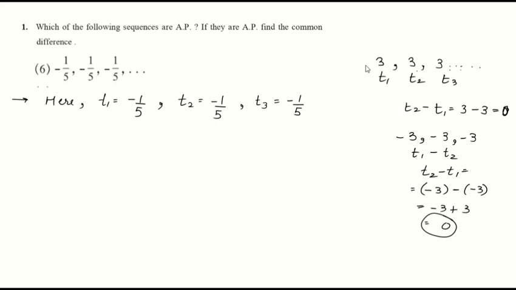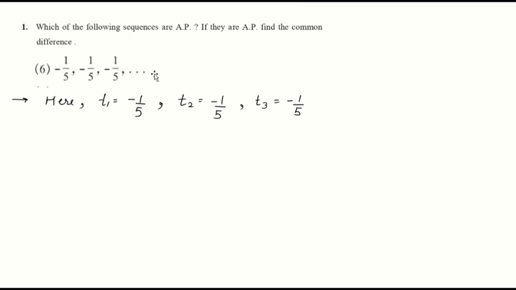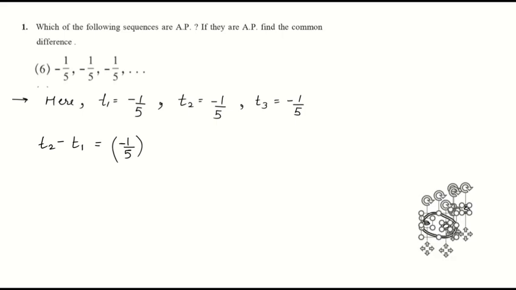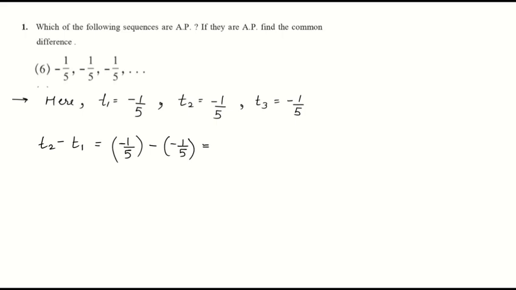So in the same way, in this question we have the same number in the given sequence, which is minus 1 upon 5, minus 1 upon 5 and minus 1 upon 5. If we need to find the difference, we can still go by solving in this way. T2 minus T1 is equal to minus 1 upon 5 minus minus 1 upon 5.